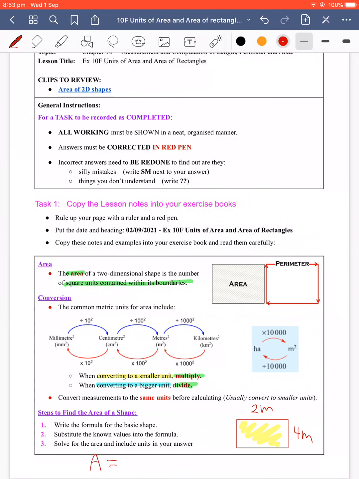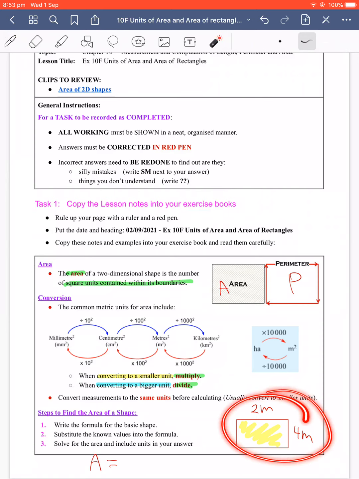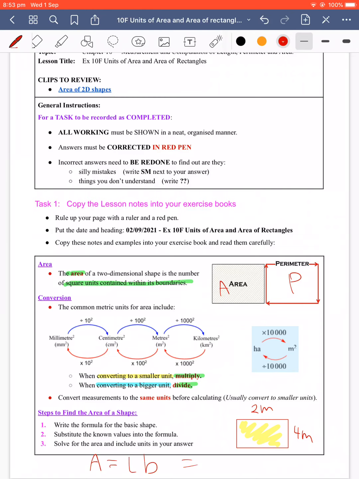We can use that one now, similar to perimeter: perimeter was P and area is A. My formula for my rectangle is length times breadth, and we'll go through that on the next page as well. So I'll multiply length times breadth and then substitute in. It would be 4 meters multiplied by 2 meters to give me 8 meters squared, and that would be my area.